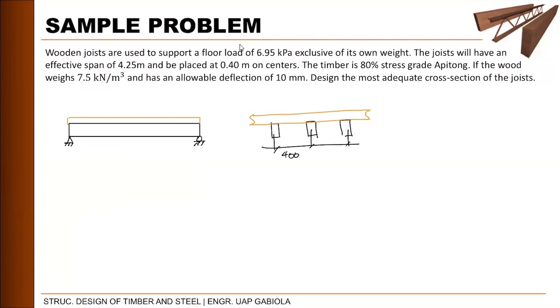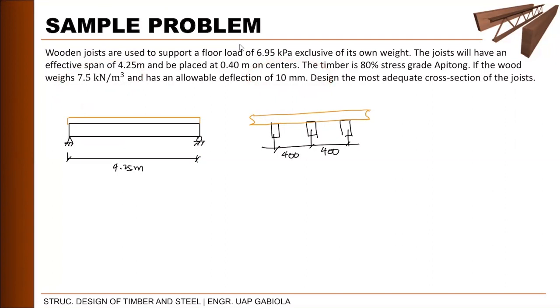So 400 mm. We have 4.25 na length. So ito po yun, yung length na yan. And then, may weight na siya na 7.5 kilonewton per cubic meter. And then meron tayong allowable deflection. Okay, so yan yung figure natin.